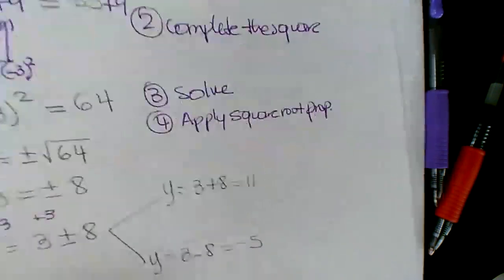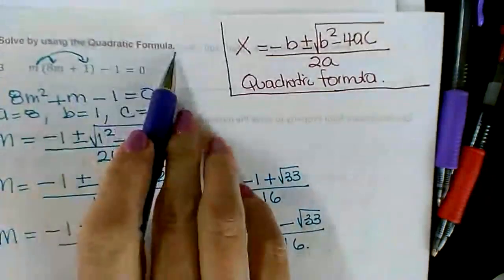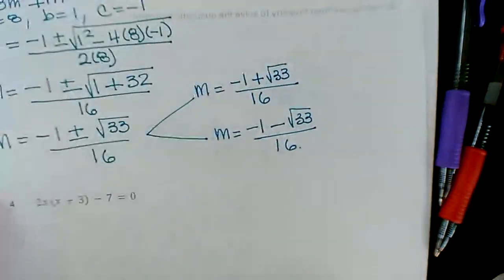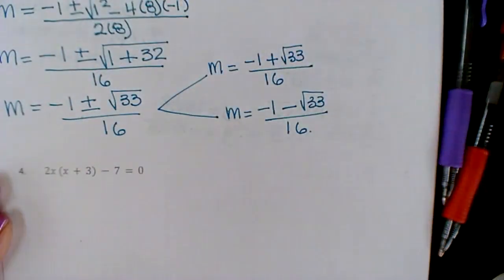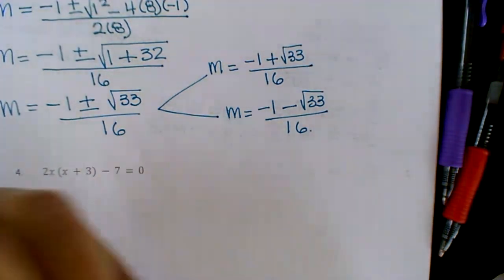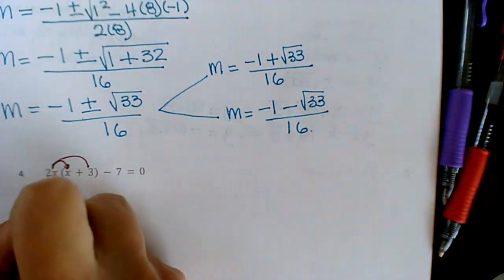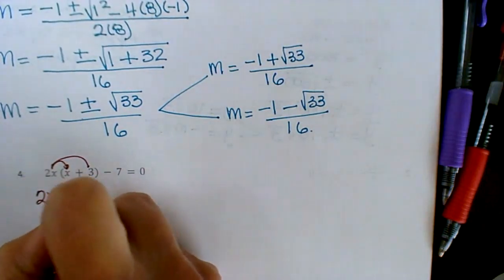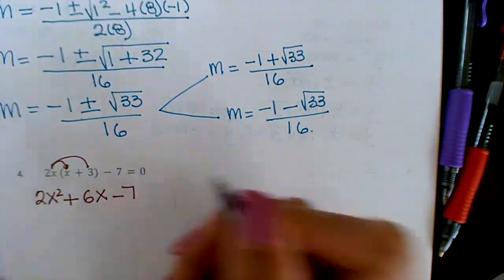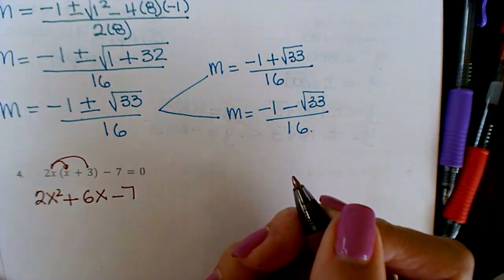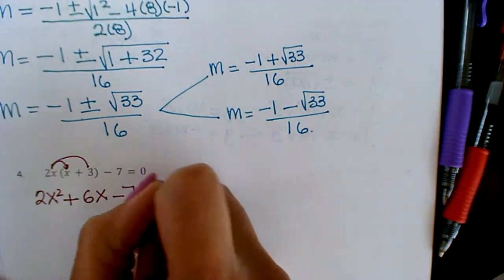That's it. Complete the square. That's what they want us to do here. Number 4 is using the quadratic formula. So first I'm going to distribute. So that's going to be 2x squared plus 6x minus 7 equal to 0.